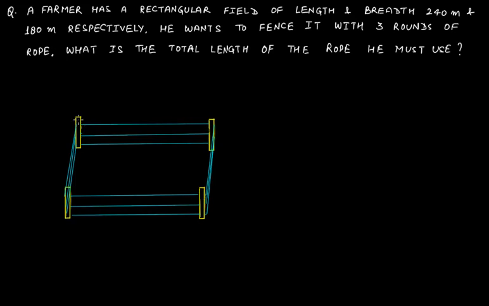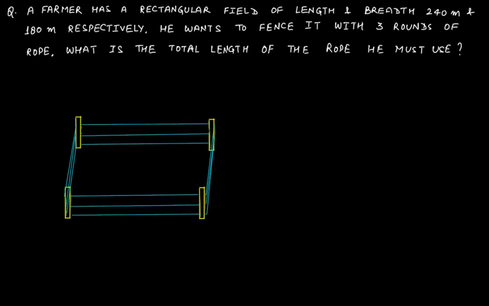So let's say that these are 4 poles around the boundary of the rectangular field of that farmer: 1 pole, 2 pole, 3 pole and 4 pole. This is a rectangular field. Imagine that these poles represent the vertices of this rectangle.